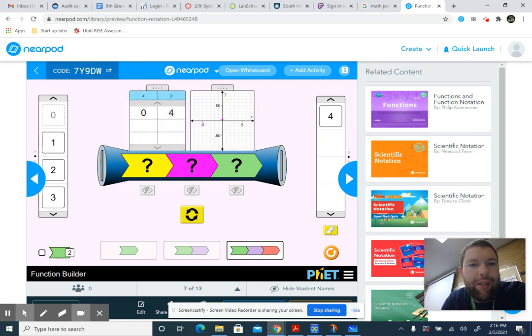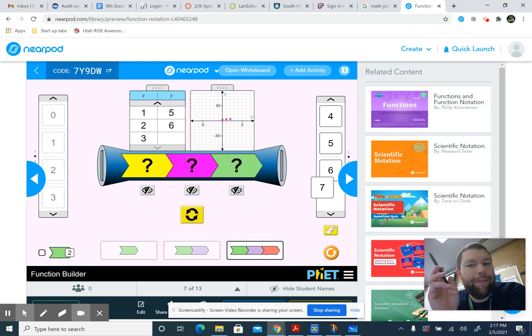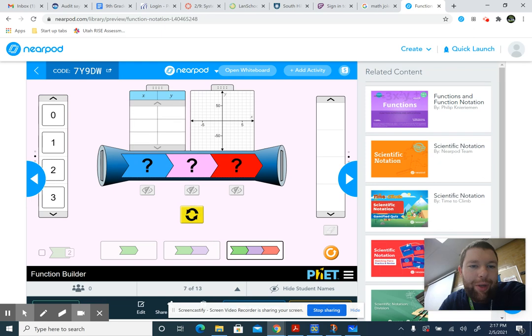So if I want to be able to guess what it is, plug in 1, I get 5. Well, it looks like they both went up 4 each time. Plug in 2, I get 6, which also went up 4. I bet that when I plug in 3, I'm going to get 7. And I did. And if I want to figure out what's happening, it's adding 4 basically, and timesing by 1. So that's not that tricky of one.